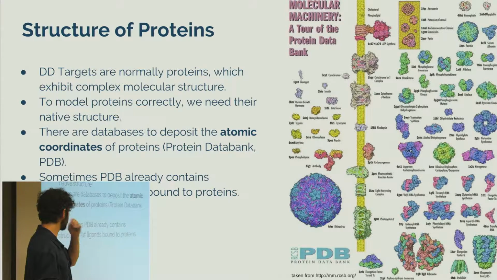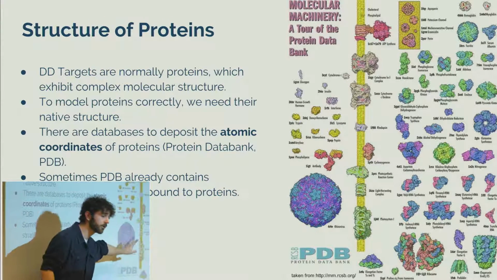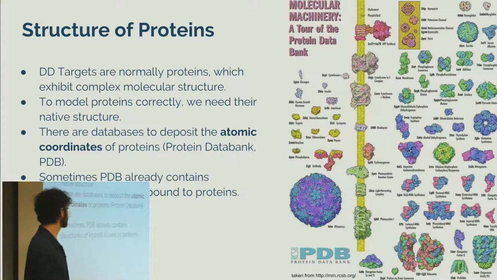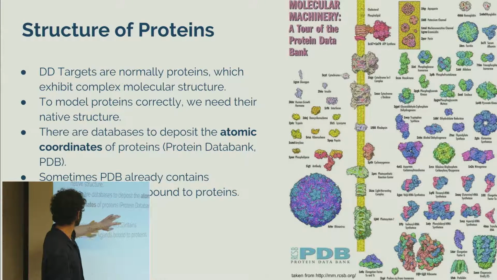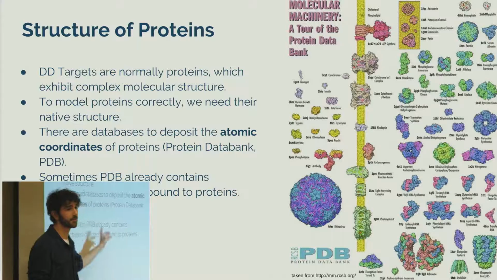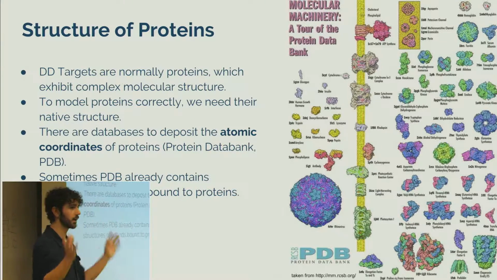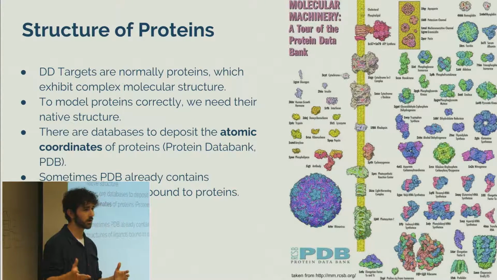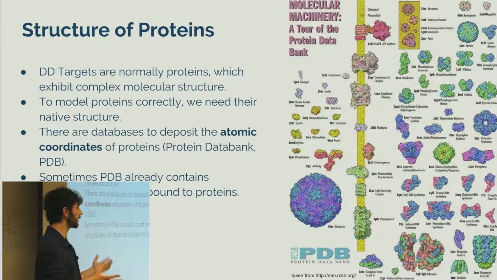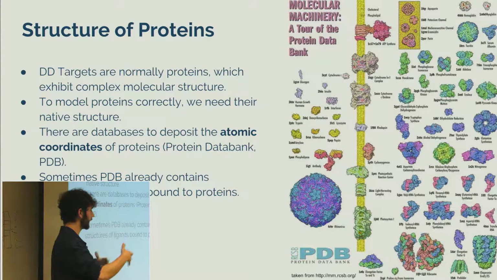So this is what protein structures look like, and they're all put in this database called the Protein Data Bank, or the PDB, which is a basic database for all molecular discovery, or any study of proteins, and so on.